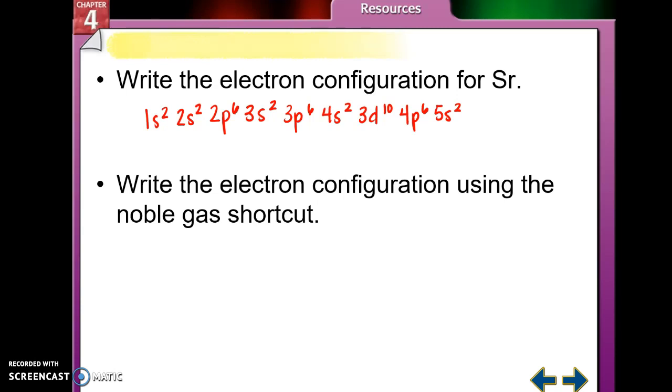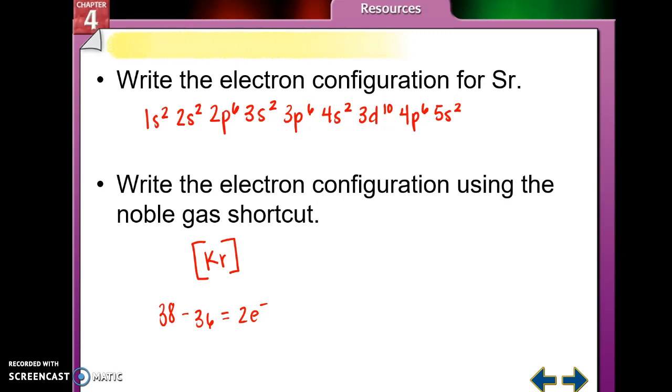So I can't use xenon to write the noble gas shortcut. I have to go to the noble gas above xenon, which is krypton, and krypton takes care of 36 electrons. When I am writing the noble gas shortcut, I use the noble gas that ends the period above it. So I do 38 minus 36, because 38 is strontium's number of electrons and 36 is krypton's, and I've got 2 electrons that still need a home.